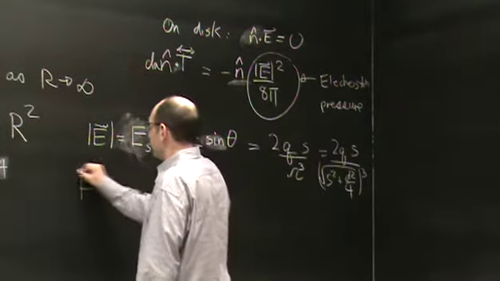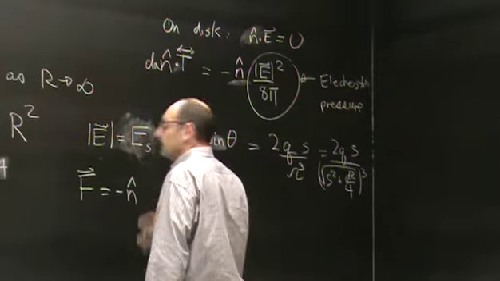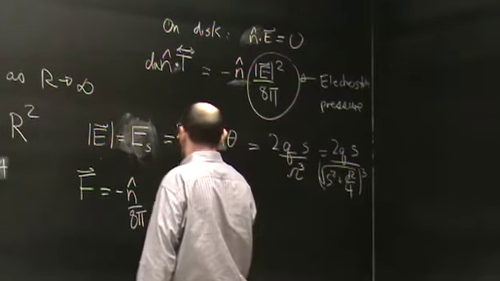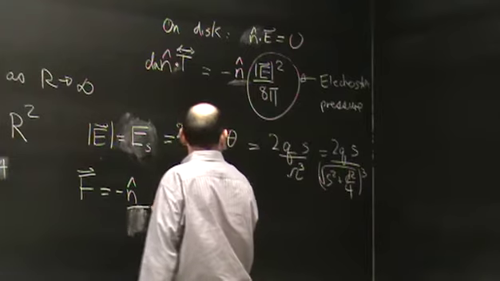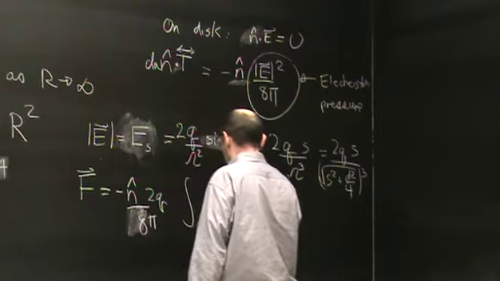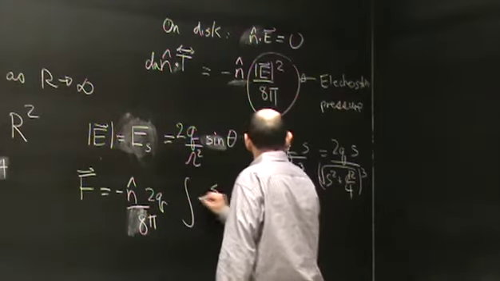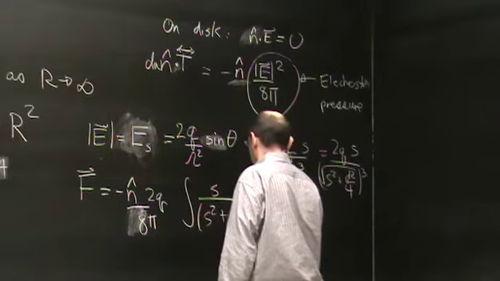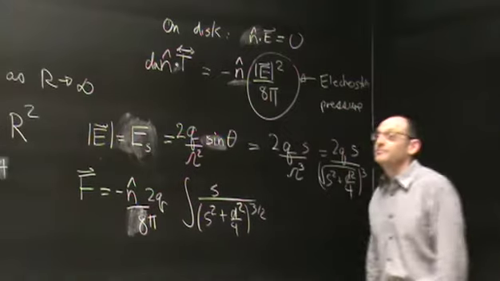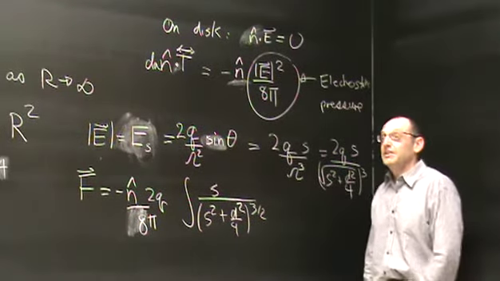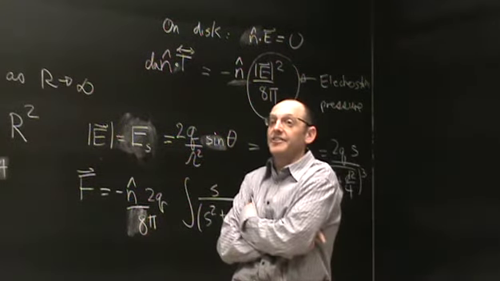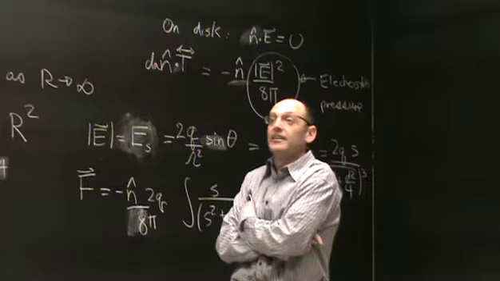So the force is in the minus n hat direction. I got 2q over 8 pi, integral of s over s squared plus d squared over 4 to the 3/2 power. And what am I integrating? dA, right? So what is my dA element on this disk for a fixed s? 2 pi s, yes.